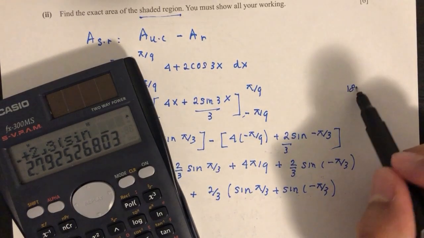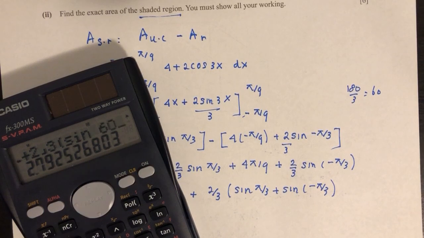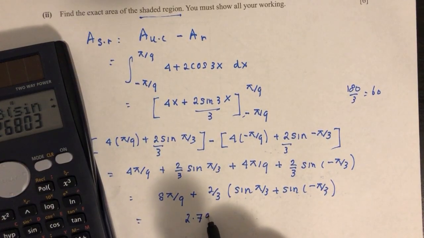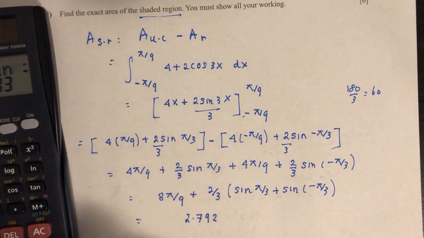Pi by 3 is 180 divided by 3, that is 60. So we have sine 60 minus sine minus 60. That will give me 2.792. That will be the area under the curve.